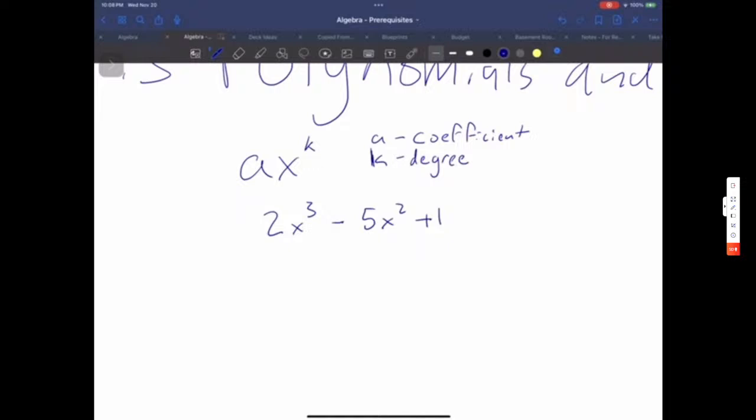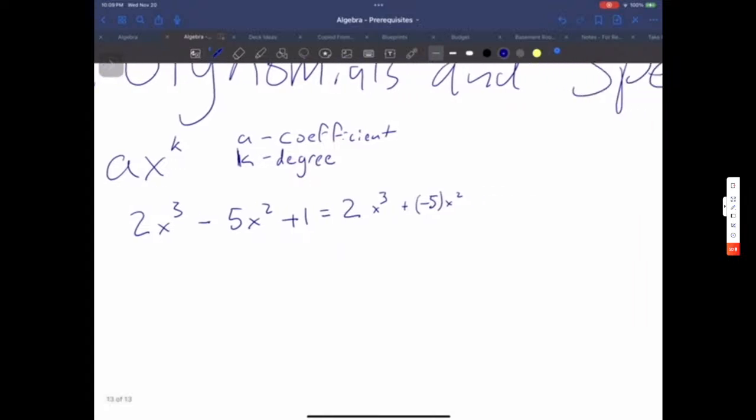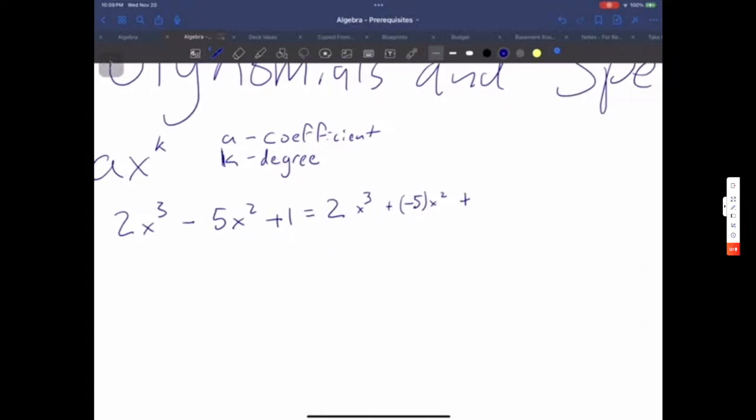If we looked at the terms and degrees of the polynomial, you'd see 2x to the 3 plus negative 5x to the 2 plus 0x plus 1. And so we can write those coefficients as 2, minus 5, 0, and 1.